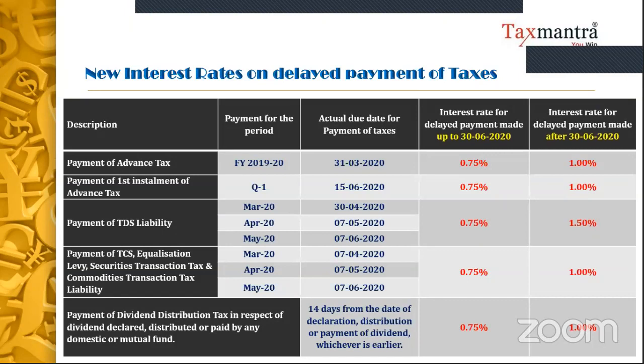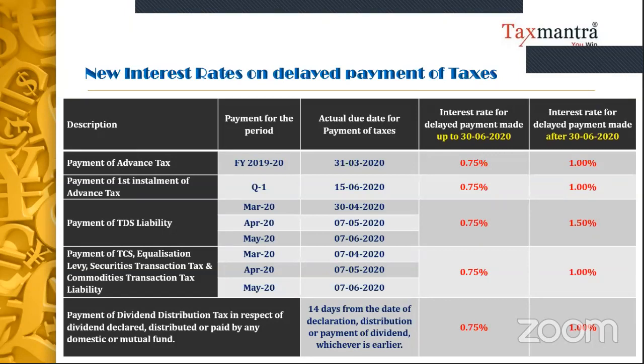In case of TDS monthly payment for the month of March, the due date was 30th of April. For the month of April, the due date is 7th of May. For the month of May, the due date would be payment by 7th of June.